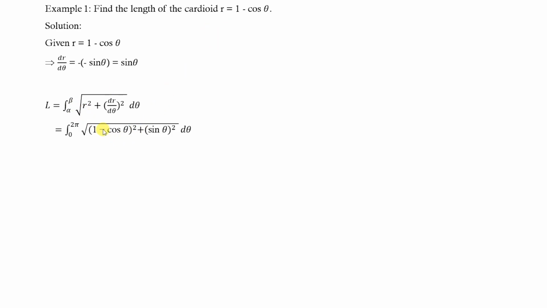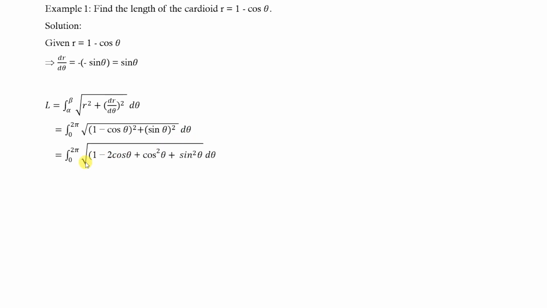Substituting, we get the square root of (1 minus cos theta) whole squared plus (sin theta) whole squared, d theta. We are integrating with respect to theta.